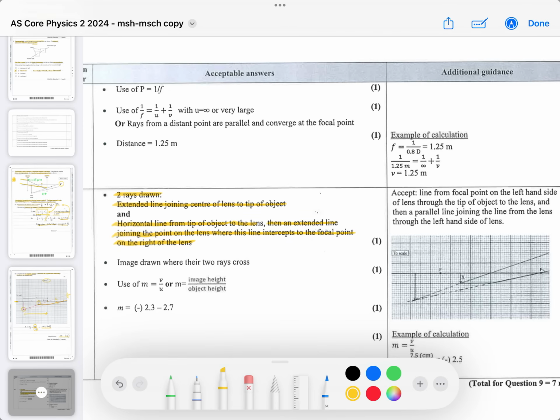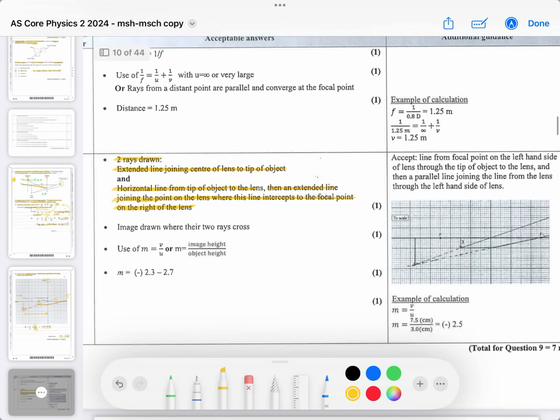And then the image is where these 2 rays meet. You can either do image height over object height, but I think it's better to do it this way. You'll get closer to the true answer, and they're giving you a range of 2.3 to 2.7. So we got 2.5, or I did 2.5 when I drew it.